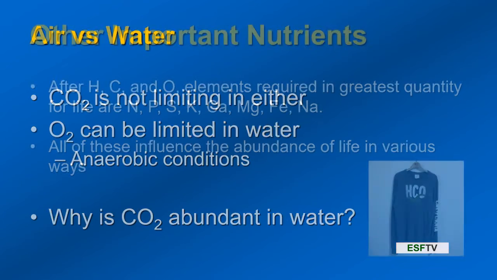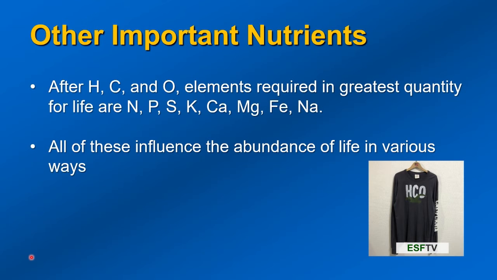Okay, other important nutrients after HCO, hydrogen, carbon, and oxygen. These are ones that I want you to learn, and I'm serious this time. HCO, definitely, and then nitrogen, phosphorus, sulfur, potassium with a K. That's the Greek spelling of potassium.